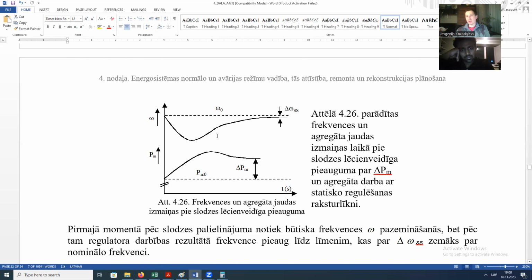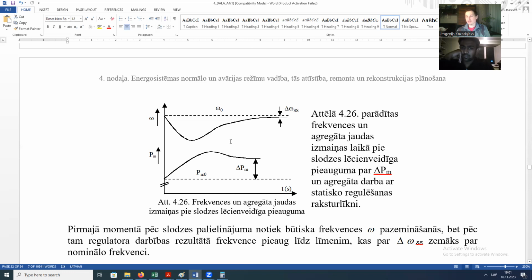When we reach the balance, it means that the frequency stops decreasing, but it is at a lower position than its nominal value. So we need to produce more power to raise the frequency to its nominal value.